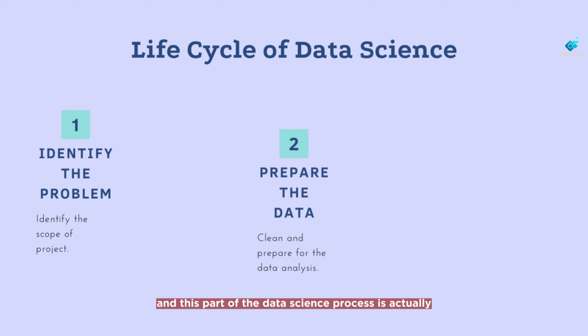And this part of the data science process is actually one of the toughest parts and one of the most tedious, and some data scientists really don't enjoy going through these steps, but at the same time they're very, very necessary, and it takes up 70% of the data science project.